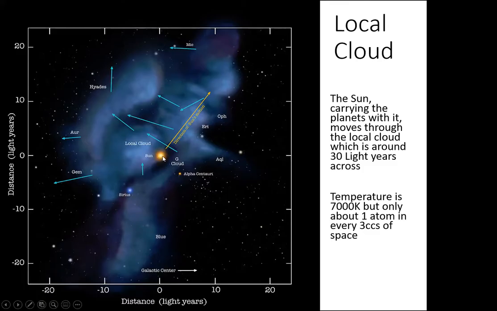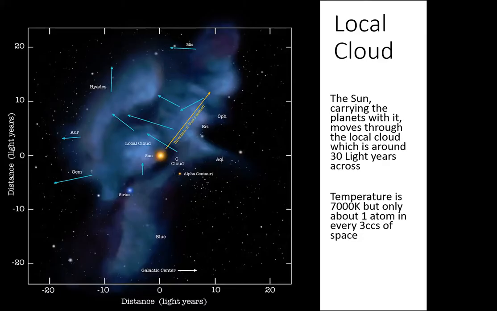And the sun here is moving around the galaxy in the direction of the orange arrow through what's called the local cloud of material, which is all moving in a different direction, as indicated by the various blue arrows. So there's a certain amount of chaotic motion here. The arrows are broadly from the bottom right to the top left, but by no means all consistent. But it's definitely not the orbital direction of the sun.